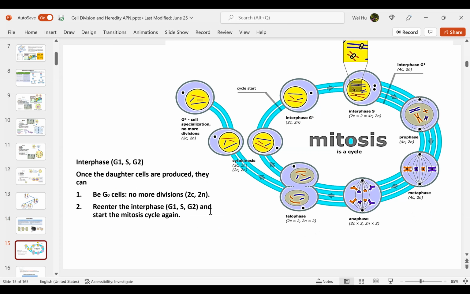So let's put everything together. Here, recap. Now you're doing interphase, and if everything is okay, then you go to mitosis.